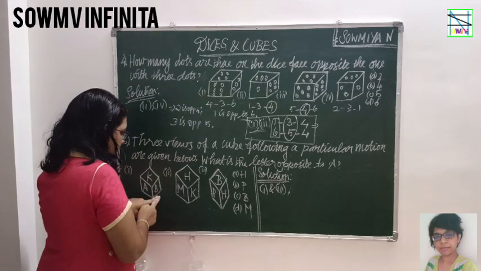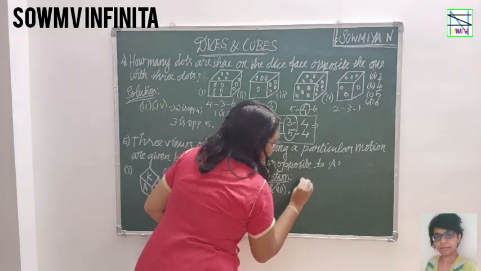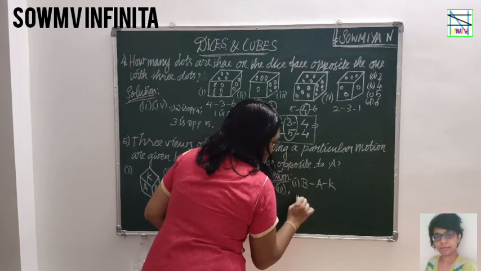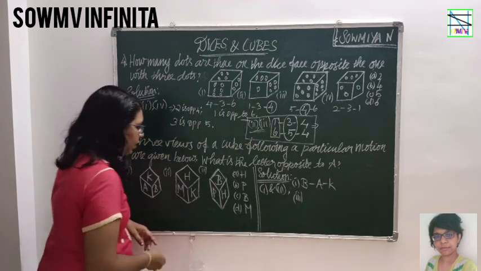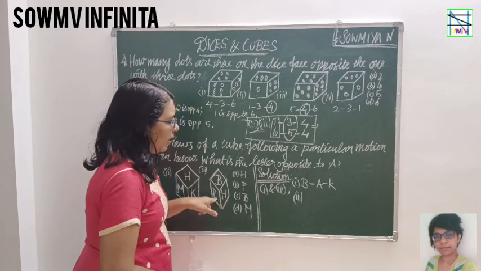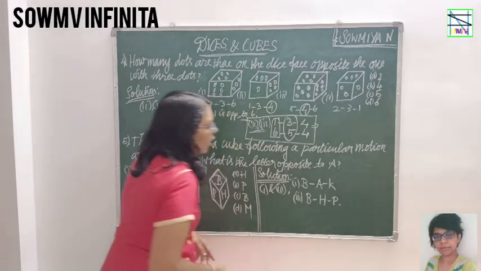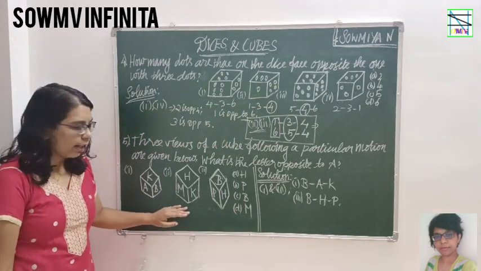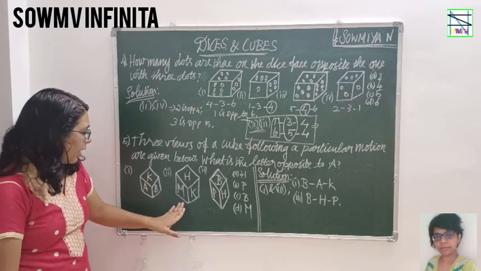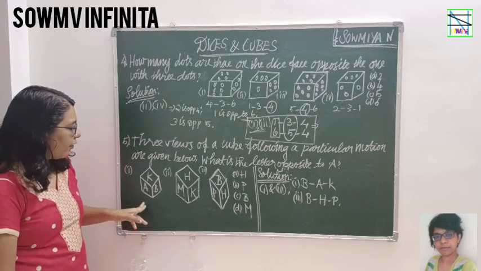So I can start from B. B A K in the first dice. The third dice, I can start from B H P. Then we can look at the second dice. The second dice is similar to the first dice.